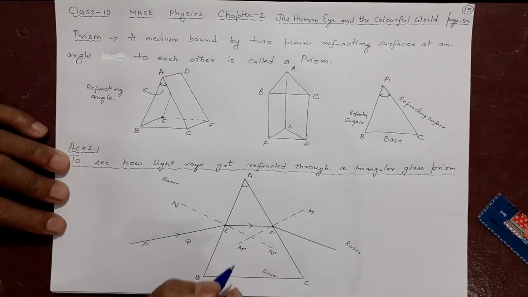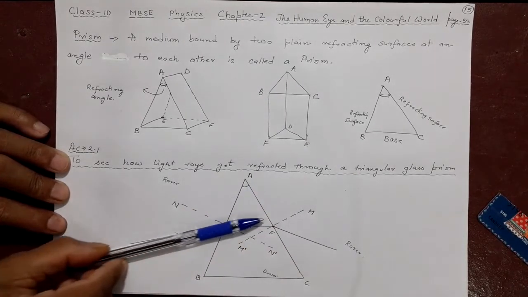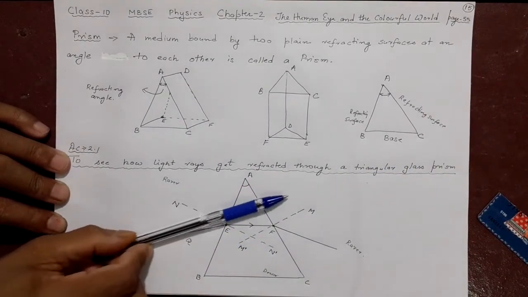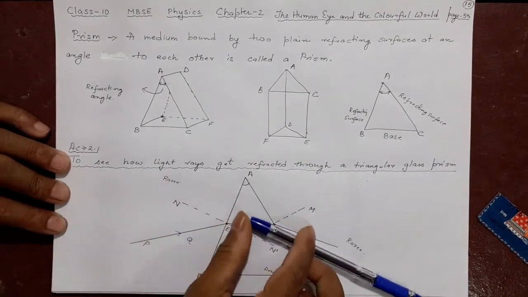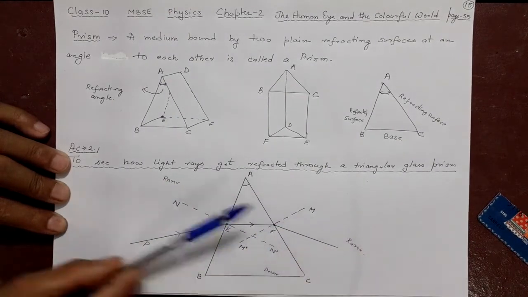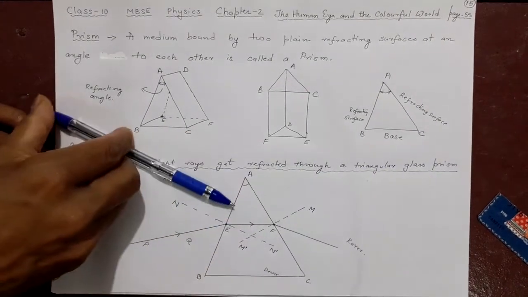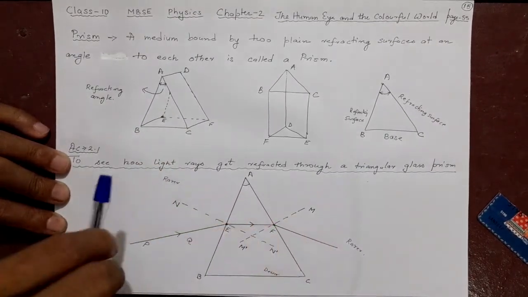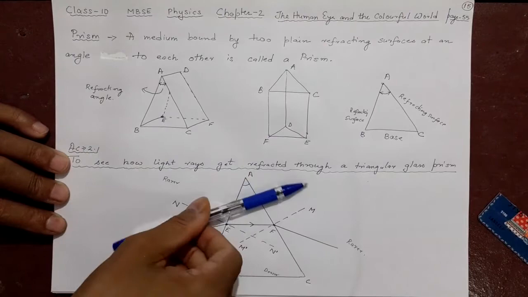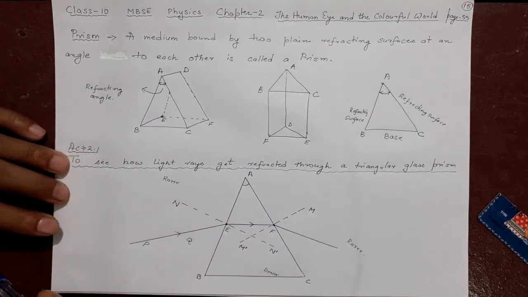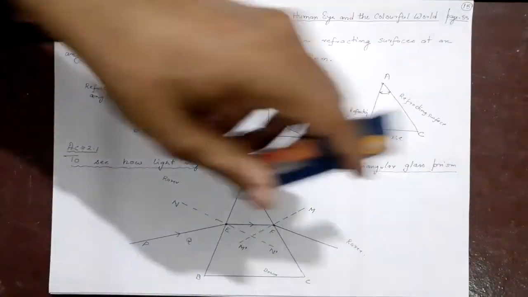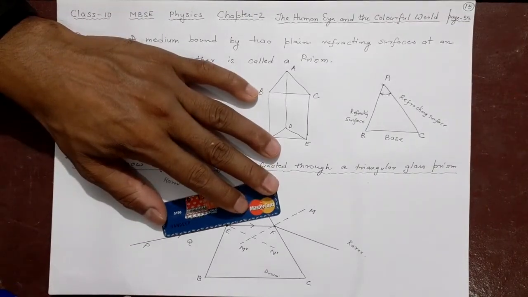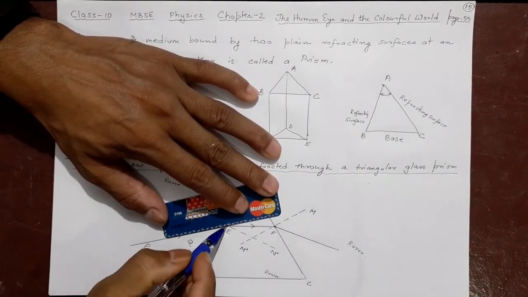Now the most important thing is that the light was initially going upward, but after entering and coming out, it is going downward. So how much it has turned, that we have to find. How much it has turned is found like this: you retrace their path. How?